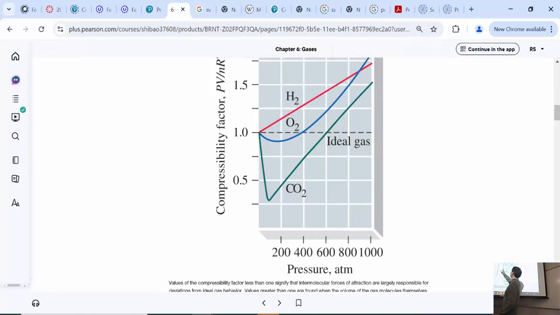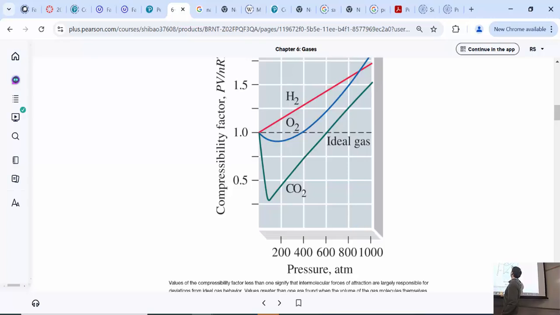So we might say, well, all the gases are pretty ideal. At close to 0 pressure, all gases are ideal. And so you might say that oxygen, hydrogen, and CO2 are equally ideal at close to 0 atmospheres, whether microatmospheres or nanoatmospheres. But when we look at the whole range here, it's going to vary.